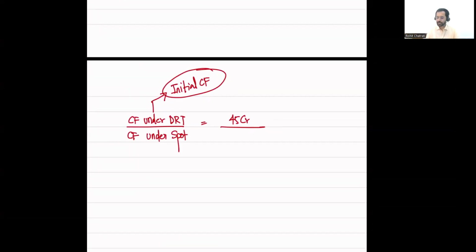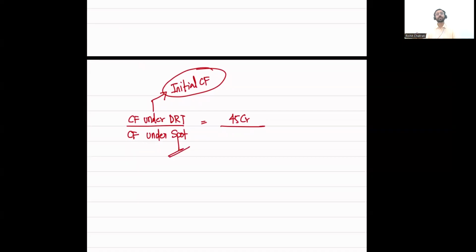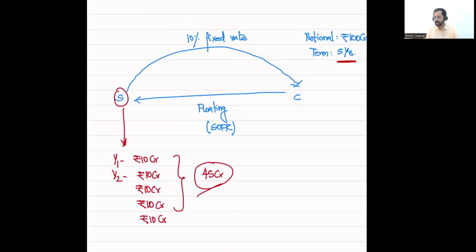All right, now the question is, what is the comparable position that we have in the spot market? My position in the derivative market is where I'm going to receive the SOFR interest rate for the next 5 years. I want to see what a comparable position in the spot market is. The comparable position in the spot market is going to be an investment in a floating rate bond.